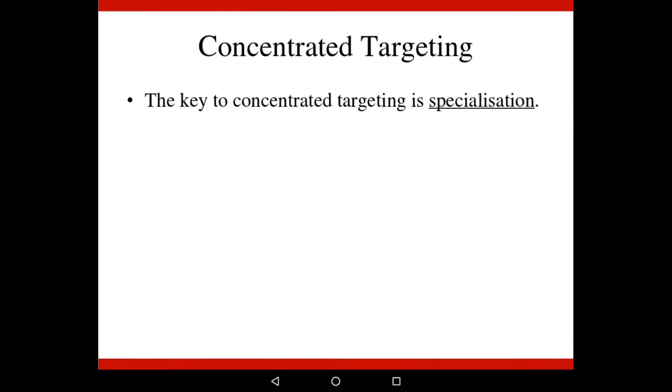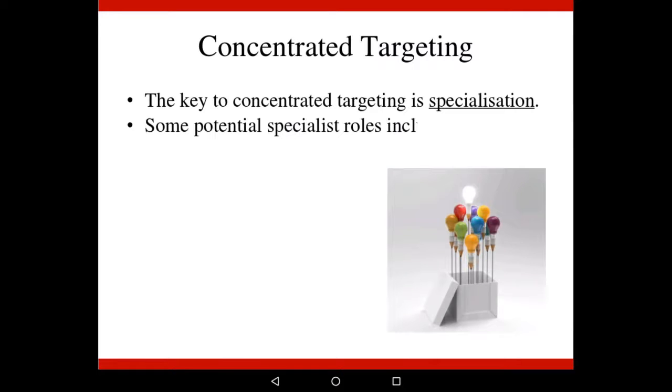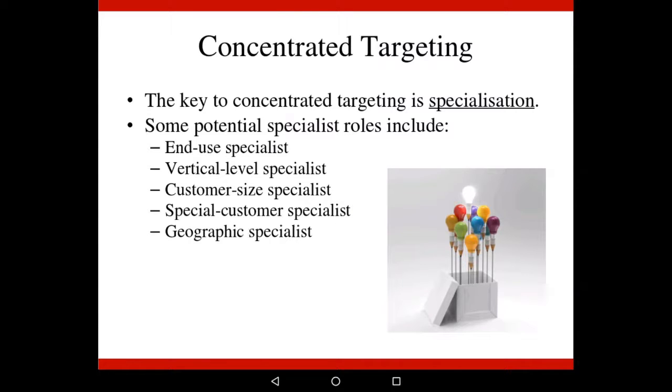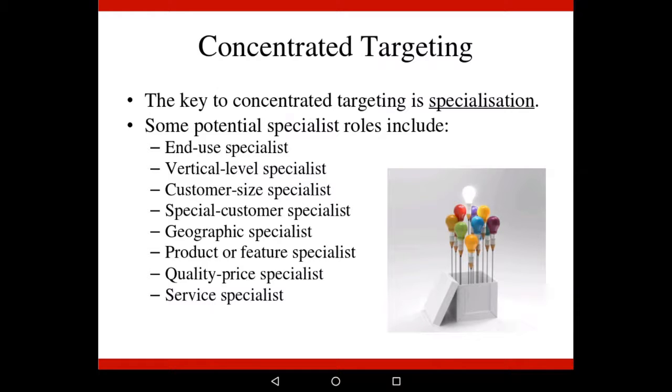Okay, so the key to a concentrated targeting strategy is specialization. You need to be very special. Some of the specializations can include being an end-use specialist, a vertical level specialist, a customer size specialist, a special customer specialist, a geographic specialist, a product or feature specialist, a quality price specialist, a service specialist.